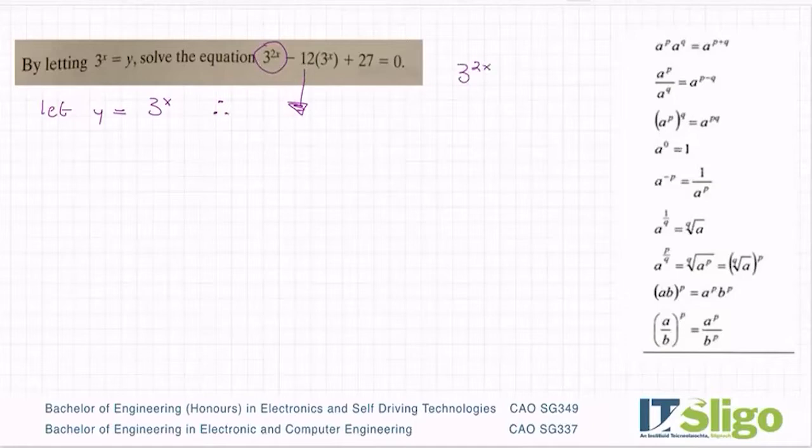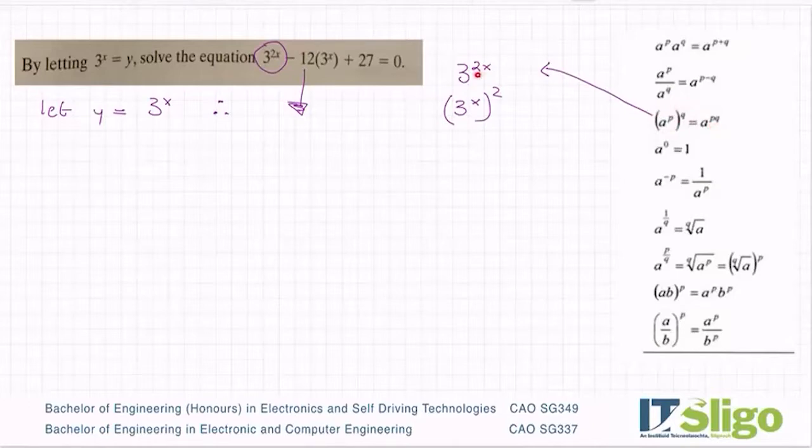I'm going to apply this rule to it, and break it up into 3 to the power of x, squared. Where did I get that from? Well, this rule tells me that when I have a power to a power, I multiply the powers.